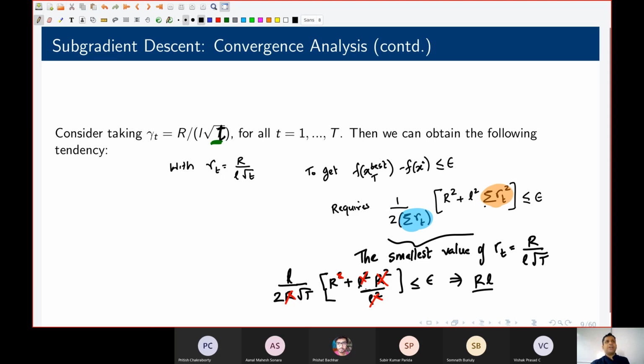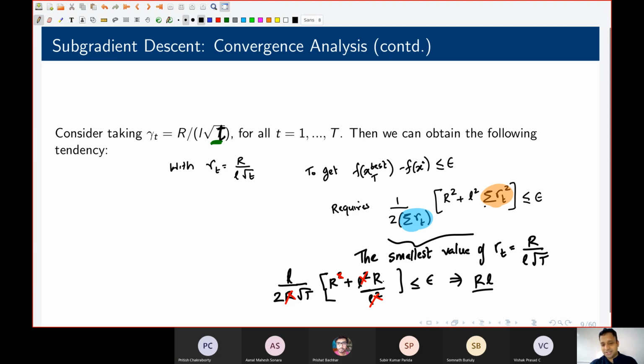No, the second term will remain, right? No, R square cancels out, so only 2R square is remaining. So 2R cancels. Yeah, but it's an addition. Wait a second. Oh, sorry. I made a mistake here. Okay. Thanks.